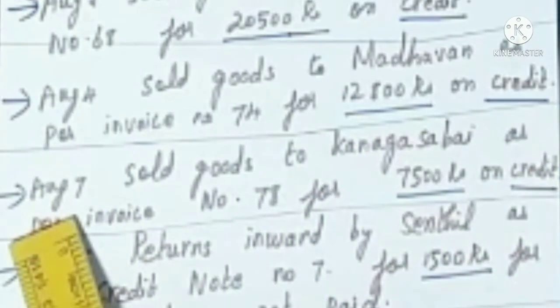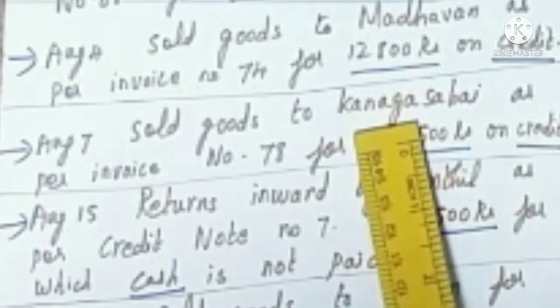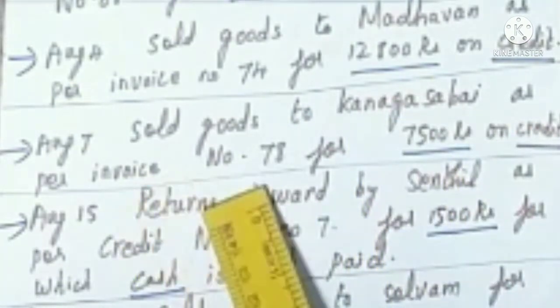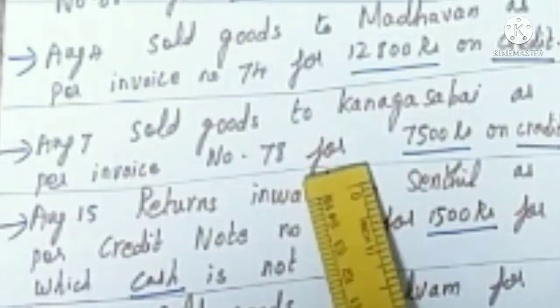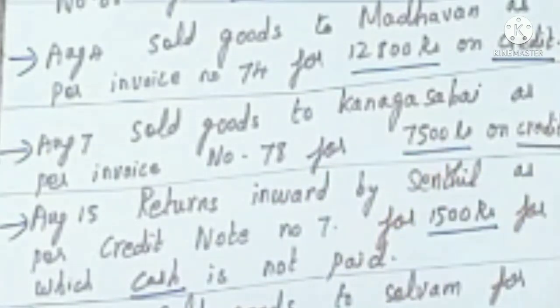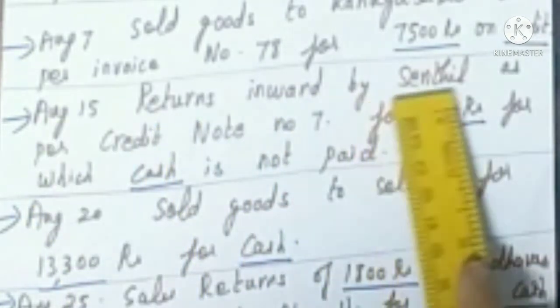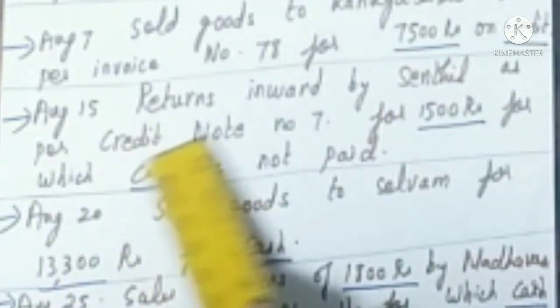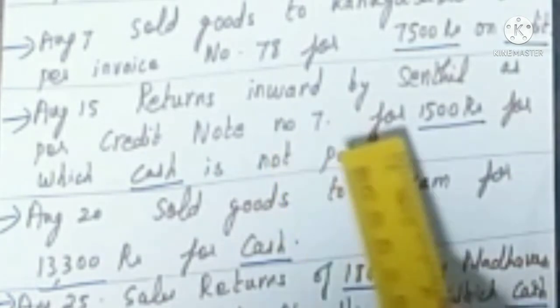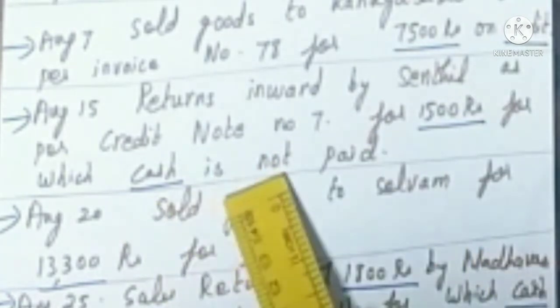On August 7, sold goods to Kanagasabai as per invoice number 78 for rupees 7,500 on credit. On August 15, returns inward by Sendil as per credit note number 7 for 1,500 rupees for which cash is not paid.